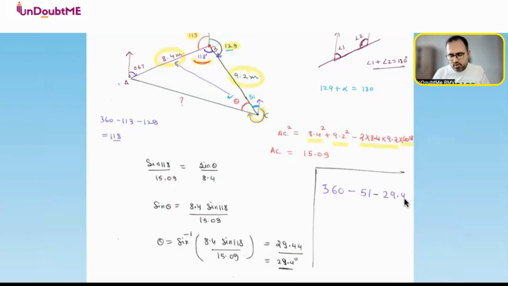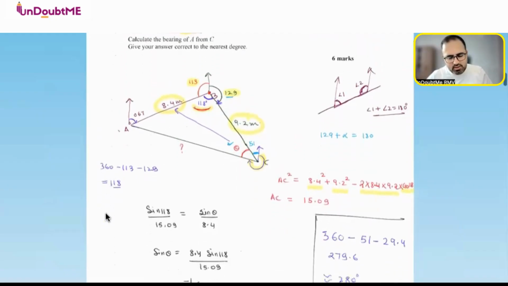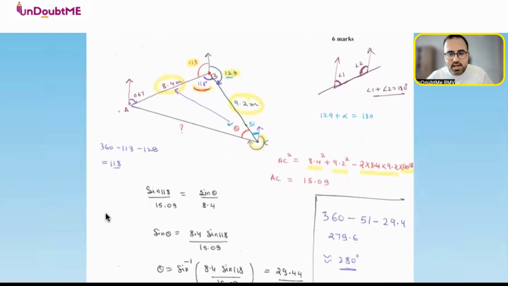If you solve it all, 360 minus 51 minus 29.4 comes out to be 279.6, which can be written as 280 degrees. So this will be the final answer. And having a look at the whole calculation, you can see that the most important part of this question is the diagram. If you know how to draw the diagram, then the calculations may not be that difficult.